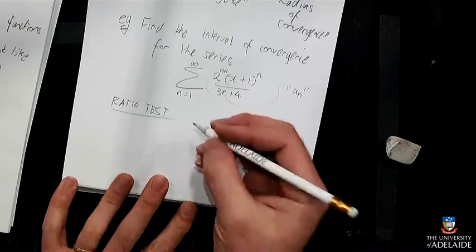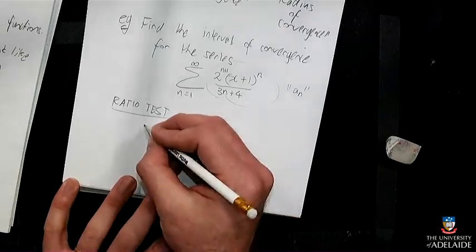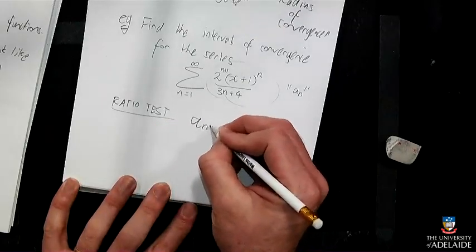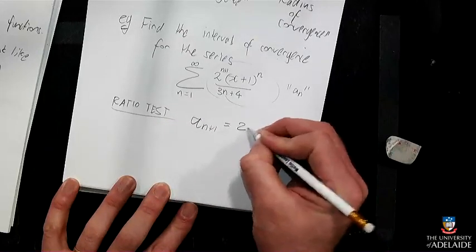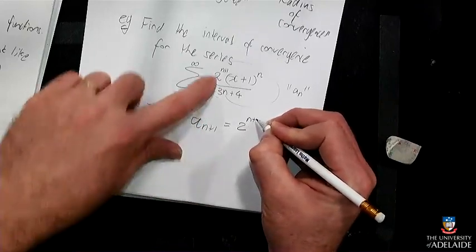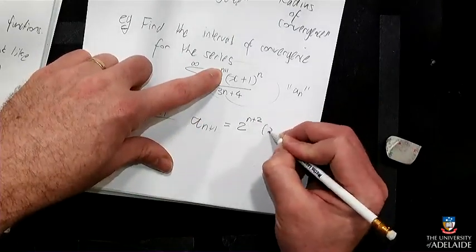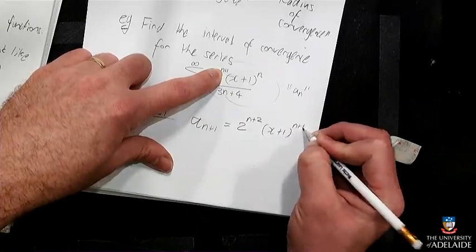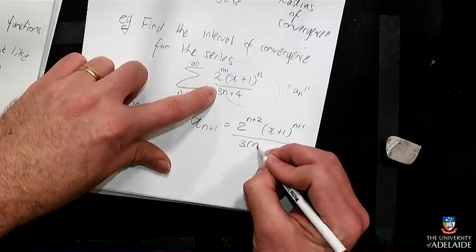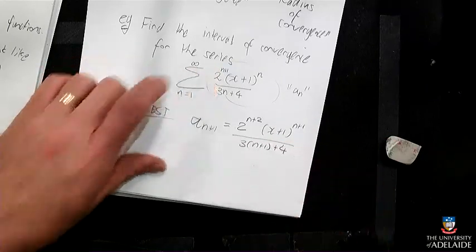So in the ratio test, first we have to calculate this. So I put n plus 1 in here. N plus 1 is 2, n plus 1, 3, n plus 1, like that.